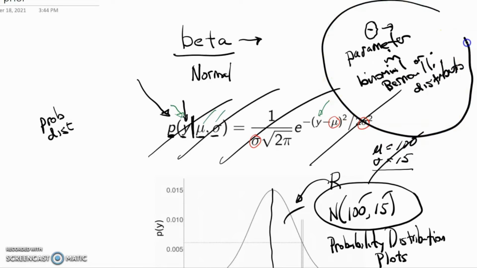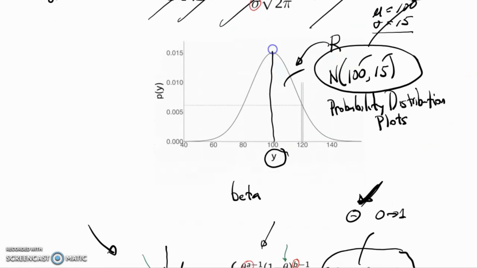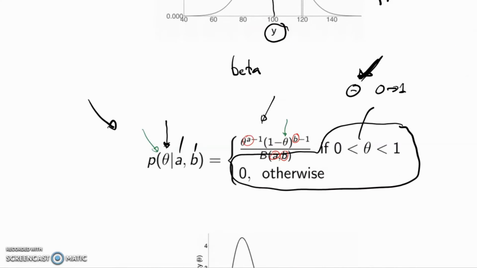That's what theta is ultimately going to be. But here we're saying that theta itself can have a probability distribution parameterized by A and B.